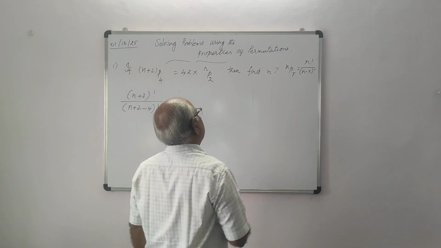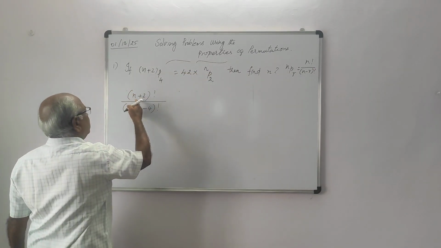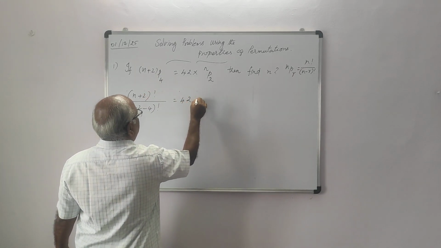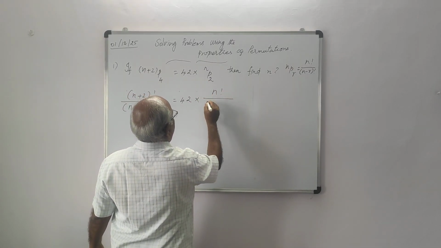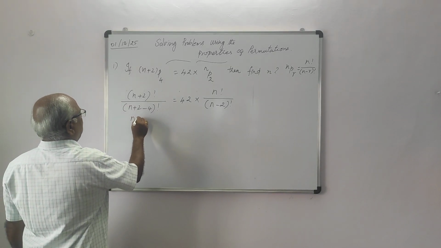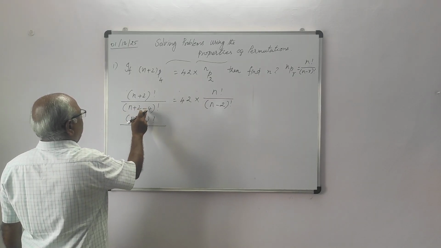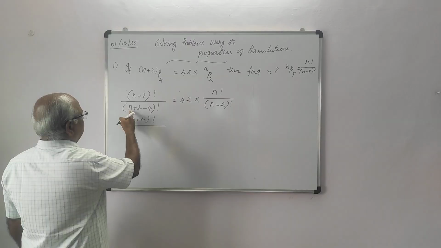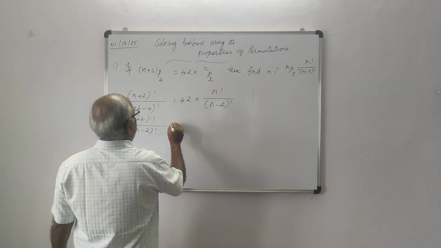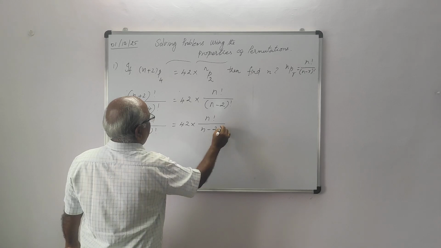Using this result, n plus 2 P4 is n plus 2 factorial divided by n plus 2 minus 4 factorial, equal to 42 into nP2, which is n factorial by n minus 2 factorial. Here n plus 2 minus 4 is n minus 2, so the denominator is n minus 2 factorial.